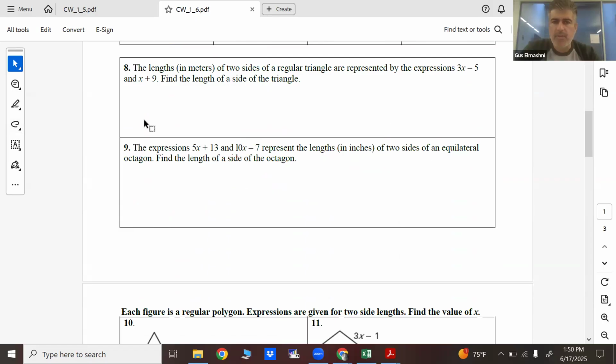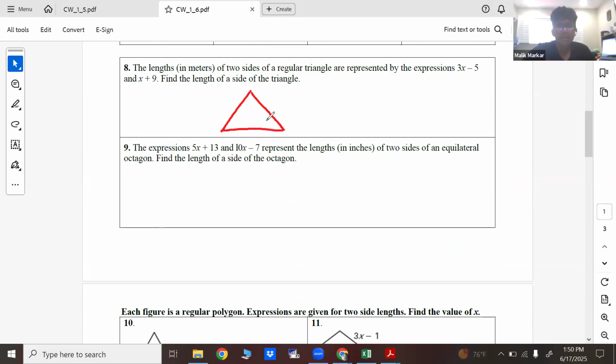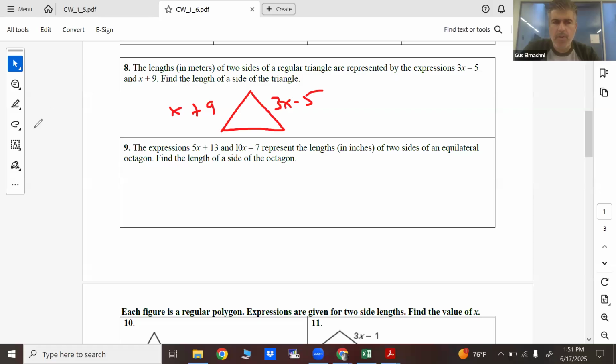Here, the lengths of 2 sides of a right triangle are represented by the following. Regular triangle, so right triangle, okay. So it'll equal around 180, right? No. We're talking about sides. So if it's regular, all the sides are equal. Correct.